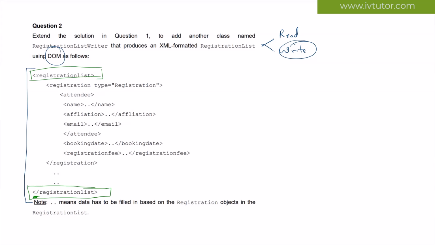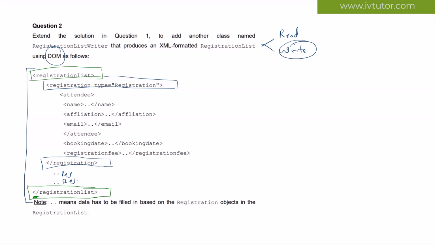Now, registration list is made up of registrations. So you see that we open a registration here, and we close it here. And these dots that you see means that we can have another registration here, another one here, and many of them. But they will all look like this one, so they only give you one.